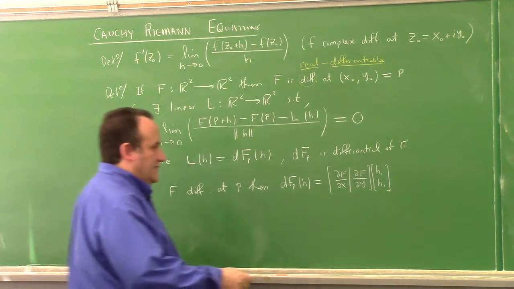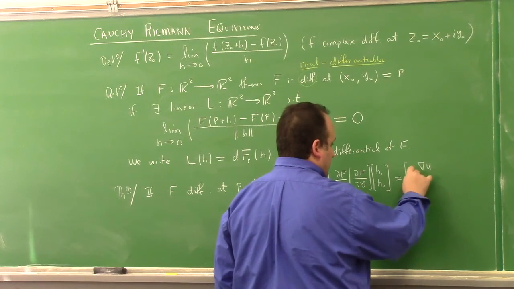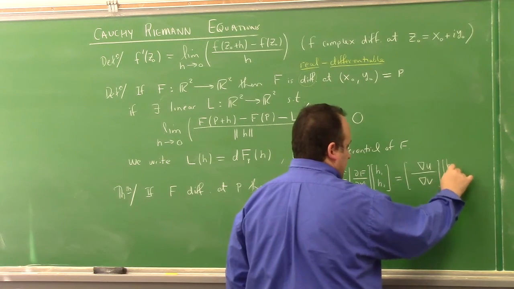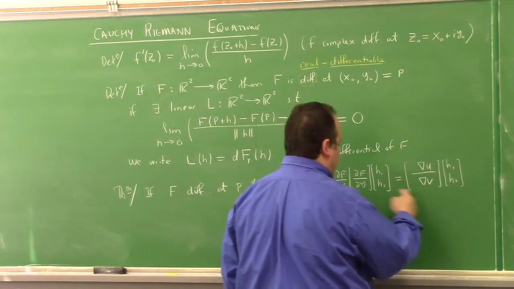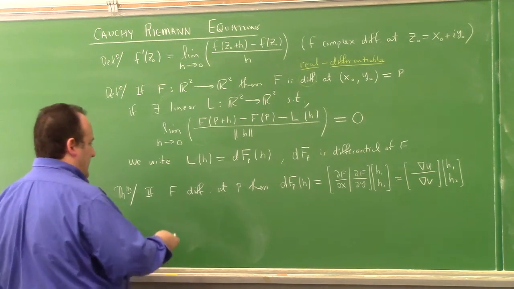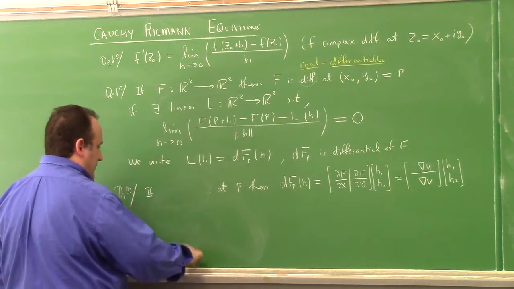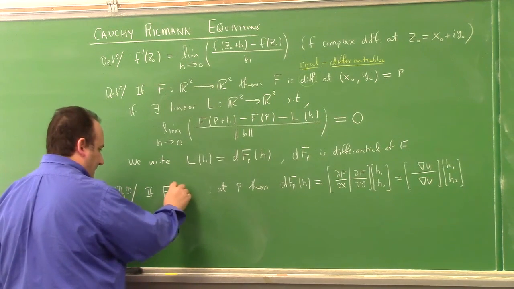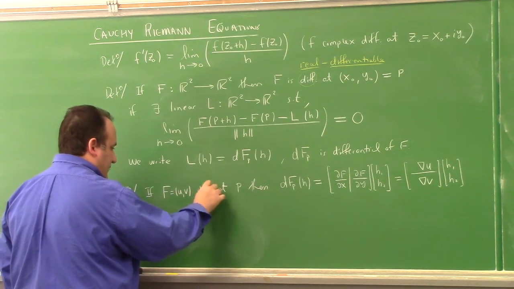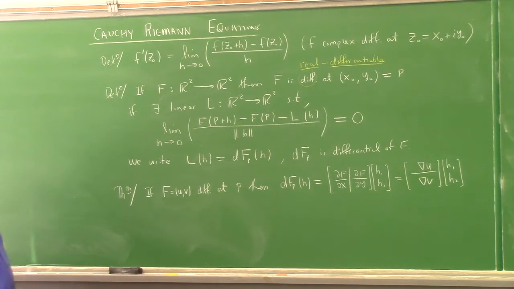Or you could write this as the gradient of u, the gradient of v, acting on h1, h2. These are 2 by 2 matrices. And just to be clear, I'm putting F equal to u comma v here. So u is the x component, v is the y component, if you will, of this mapping.